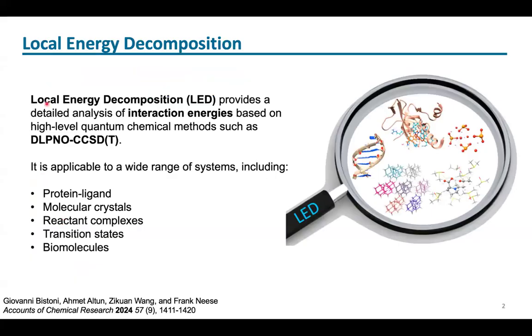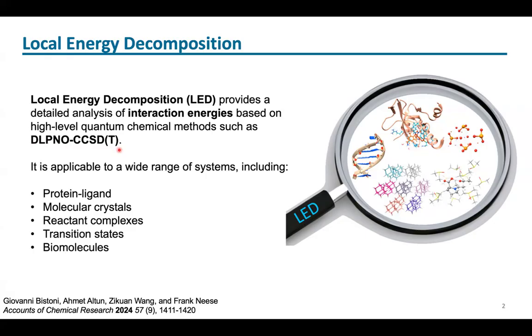So the first thing that we need to clarify, of course, for those who may not be familiar with the method, is what is the local energy decomposition, or LED? Now, LED is a method that provides a detailed analysis of interaction energies in arbitrary chemical systems based on high-level local correlation methods, such as the DLPNO coupled cluster approach.